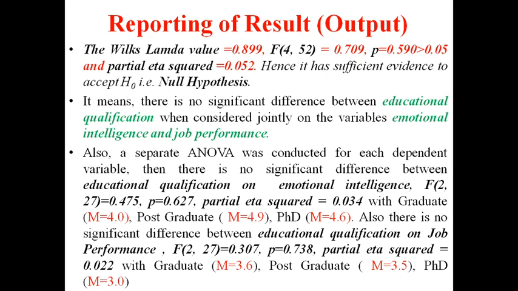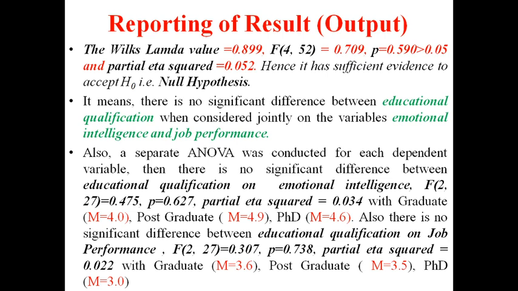Hence, there is sufficient evidence to accept H naught, that is the null hypothesis. It means there is no significant difference between educational qualifications when considered jointly on the variables emotional intelligence and job performance. Also, a separate ANOVA was conducted for each dependent variable.